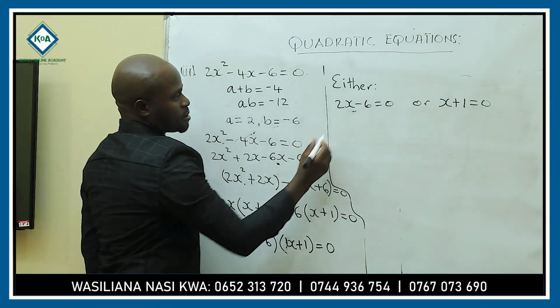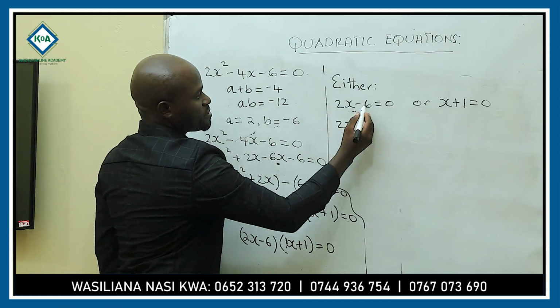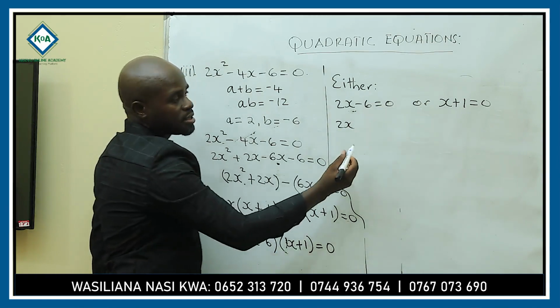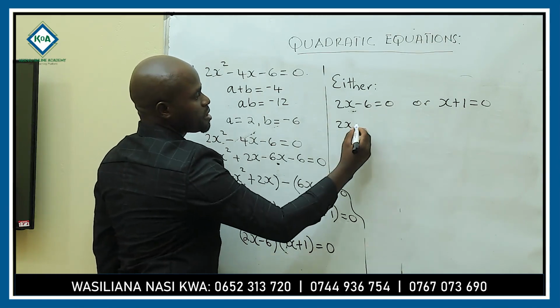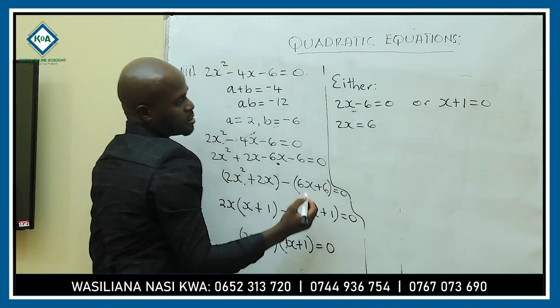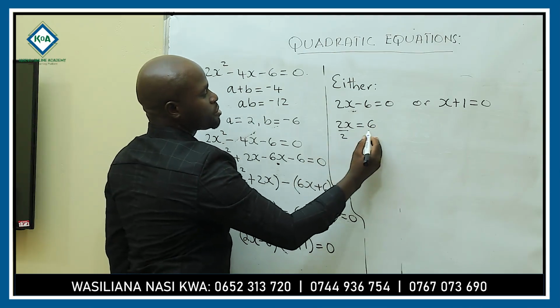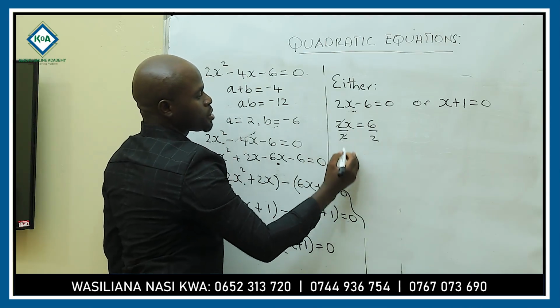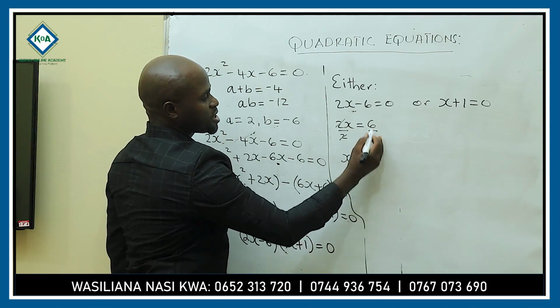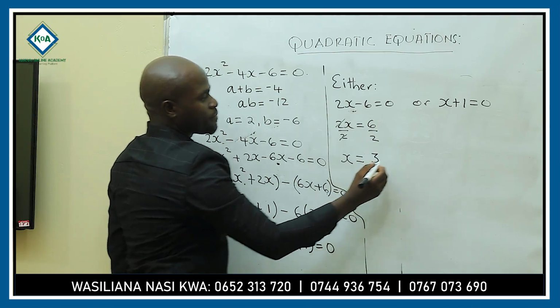So for 2x minus 6, we shift negative 6 to the other side, and it will be positive 6. Then we divide by 2 on both sides, so x is equal to 6 divided by 2, which is 3.